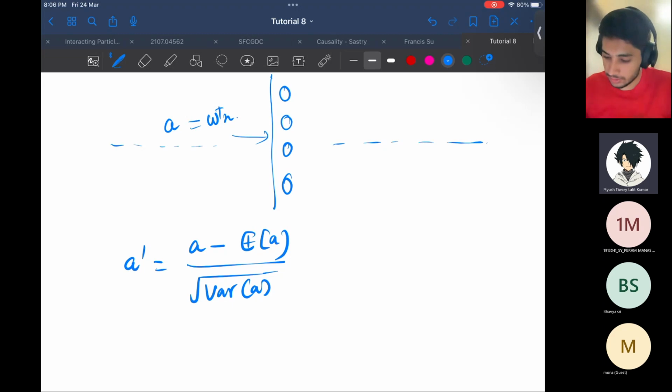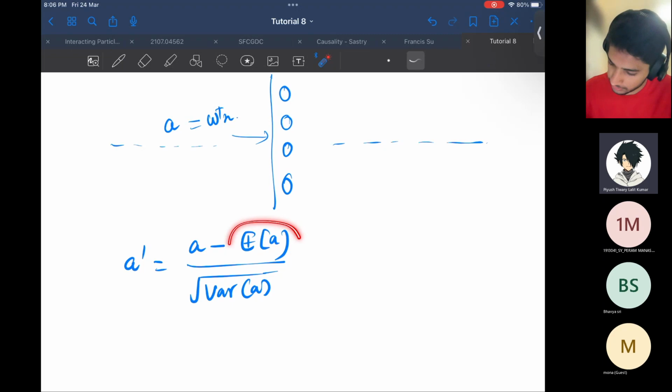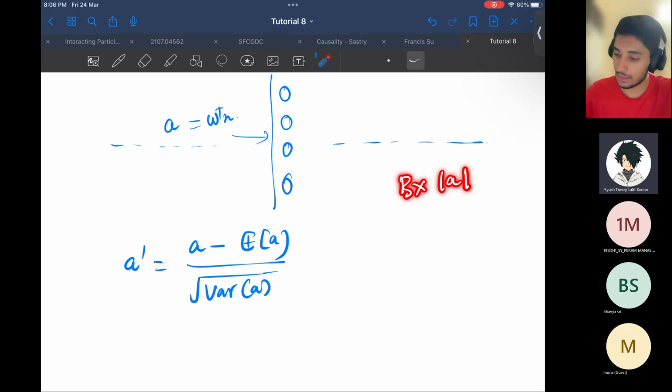So what is it doing? The expected value of a is like mu, the mean of a. How is this expectation calculated? Let's say you have a batch size of b. Then any vector a will have a dimension of, let's say, b cross mod a. Along the batch axis it will calculate the expectation.